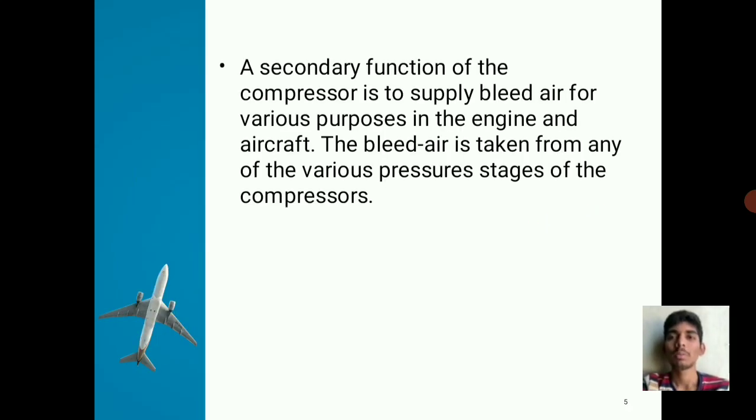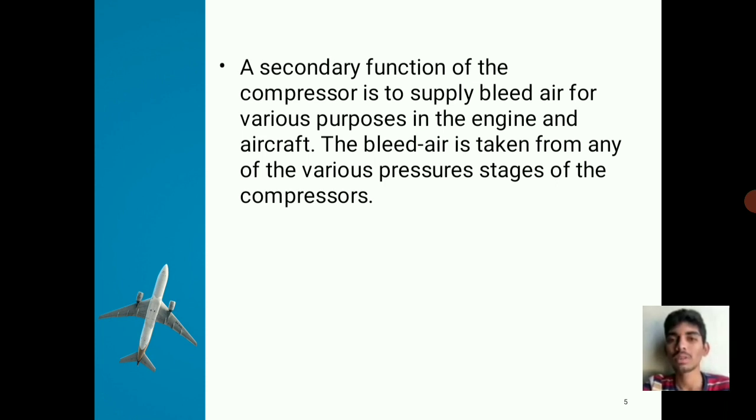Next, the secondary function of the compressor is to supply bleed air for various purposes in the engine and aircraft. The bleed air is taken from various pressure stages. As we described the primary function of the compressor, now the secondary function is to supply bleed air.